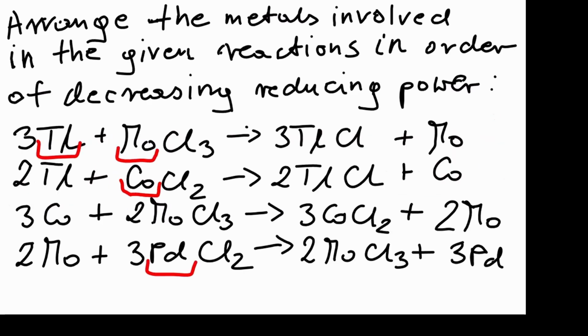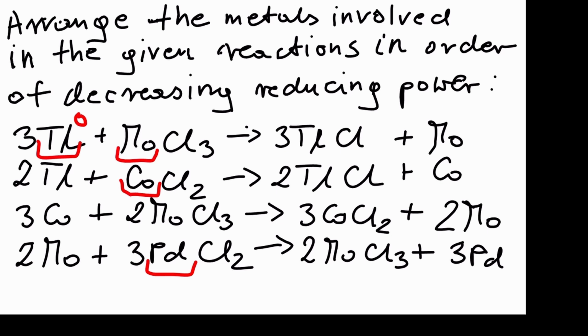Okay, so let's check the first reaction. We have thallium with the oxidation state equal to 0, of course, as a substrate, and we have the compound in which the molybdenum oxidation state is equal to +3.